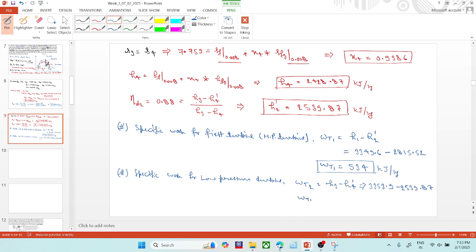Here WT2 value we will get 814 kilojoule per kg.